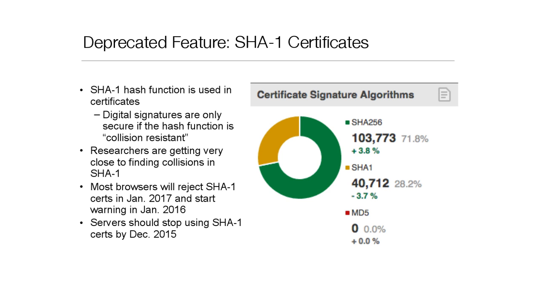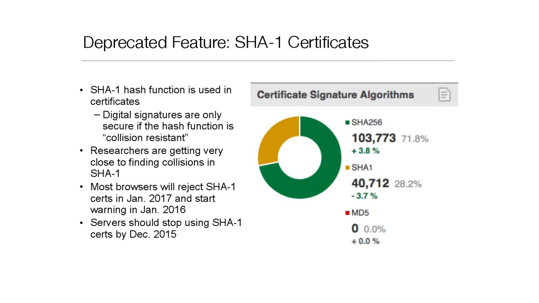The idea of this slide is that the SHA-1 hash function is not collision resistant. By the time I created these slides, researchers were getting very close to finding collisions in SHA-1. So it is now recommended that SHA-1 should not be used for signing purposes. It is outdated.